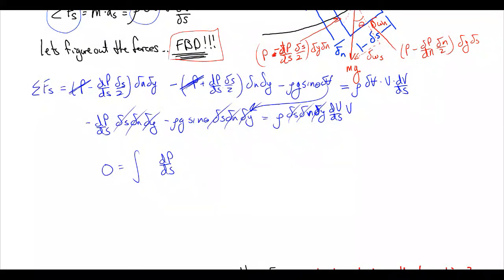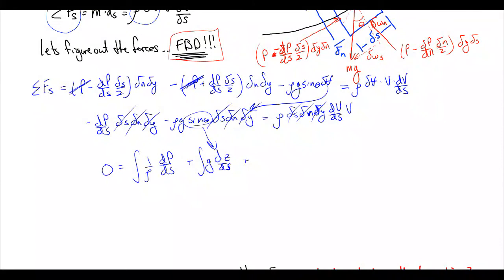So we get 1 over the density, dp ds, plus the integral of g sine theta. It turns out that sine theta is equal to dz ds, which is essentially the slope of our streamline at that moment. And then plus the integral of v dv ds.